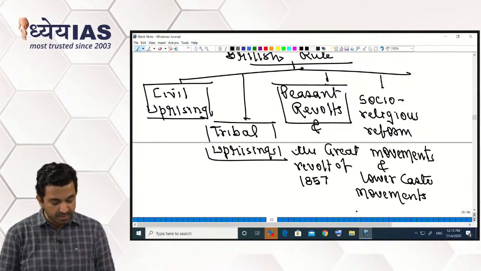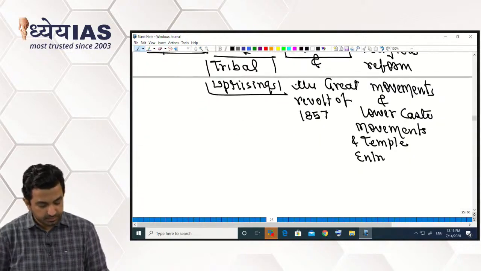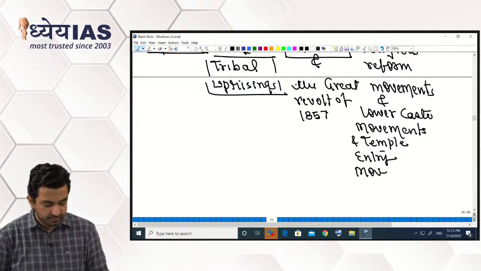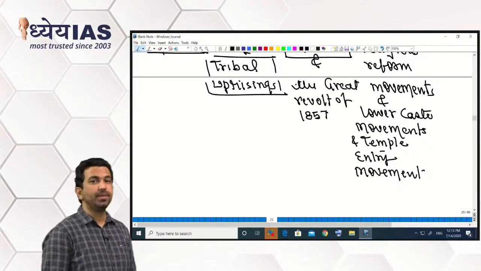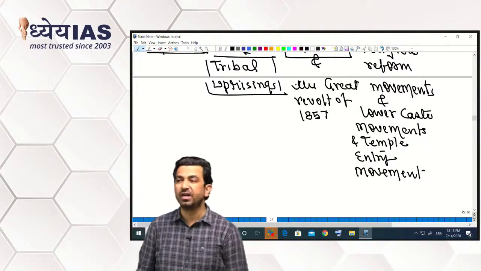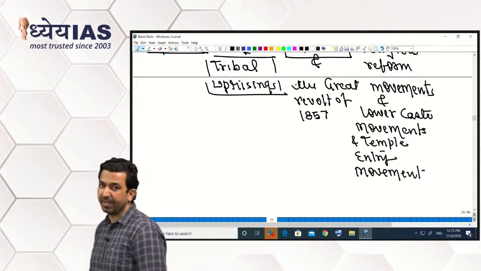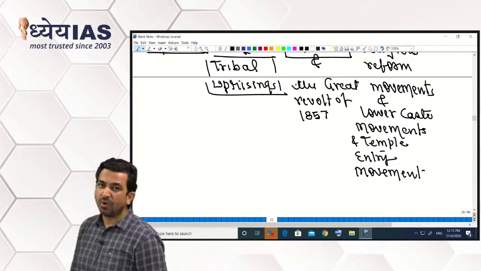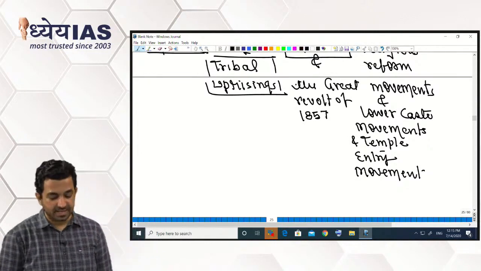So lower caste movements and temple entry movement, because members of lower castes and so-called untouchables were not allowed to take entry into the temples even during 18th and 19th century India.